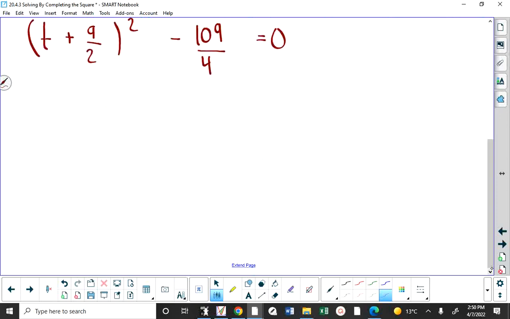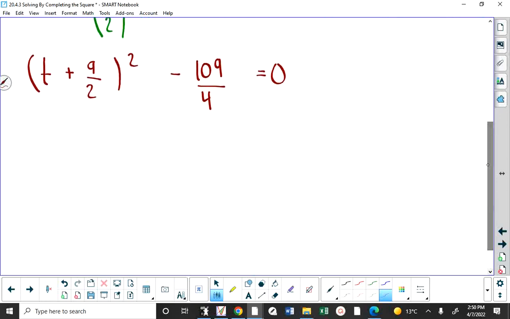Okay, we can start to move things around. I can move the 109 fourths to the other side where it becomes positive. I can take plus or minus the square root.